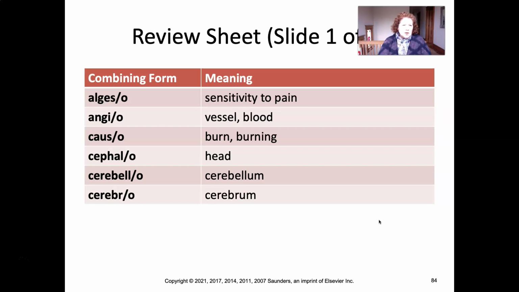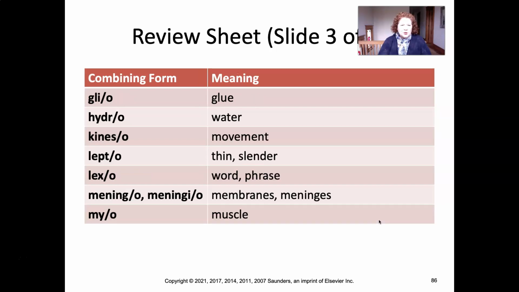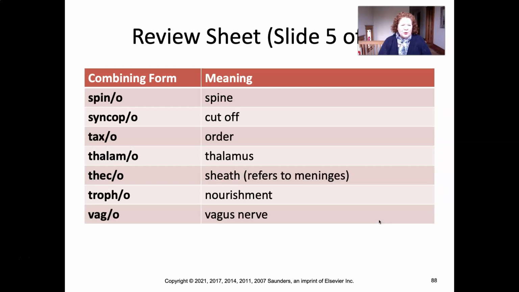Algizo, angio, causo, cephalo, cerebello, cerebro, comato, cranio, cryo, duro, encephalo, aesthesio, glio, hydro, kineso, lepto, lexo, meningo, meningio, myo, myelo, narco, neuro, oligo, ponto, radiculo, spino, syncopo, taxo, thalamo, fico, tropho, vago.